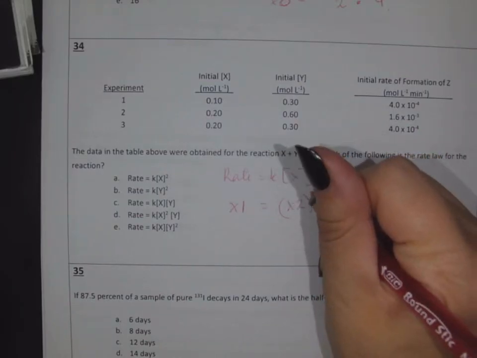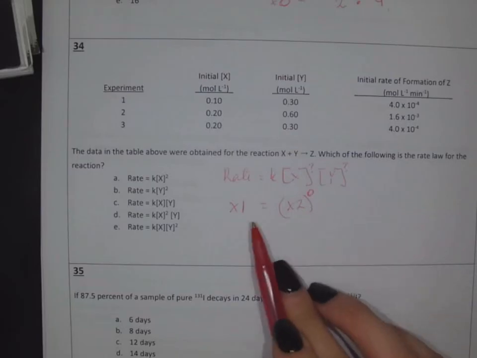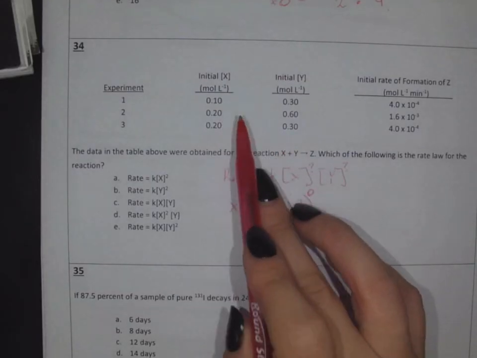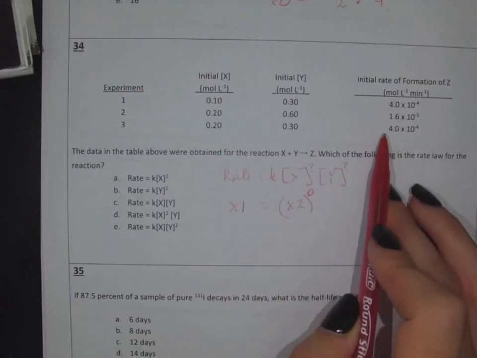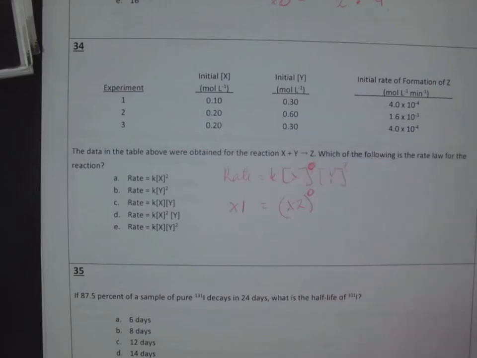Well, what do I have to have this raised to? And that's 0. 2 raised to the 0 is what equals 1. When something is 0 order, that means I can change its concentration, but the rate doesn't change. So X is 0 order. Reminder, anything that's 0 order, we tend not to write down in the rate law because it just equals 1.